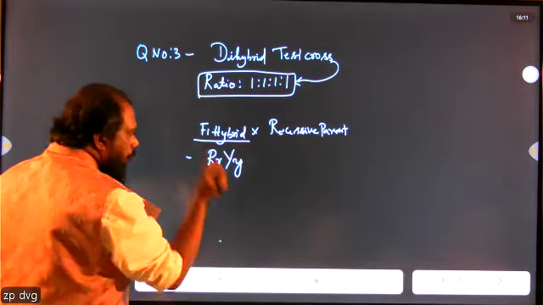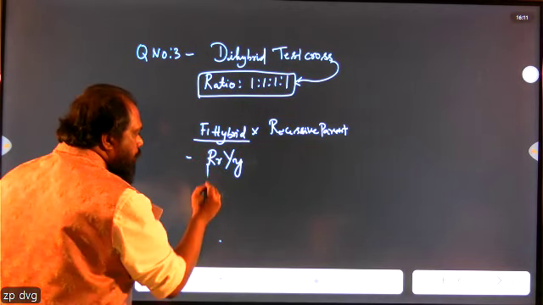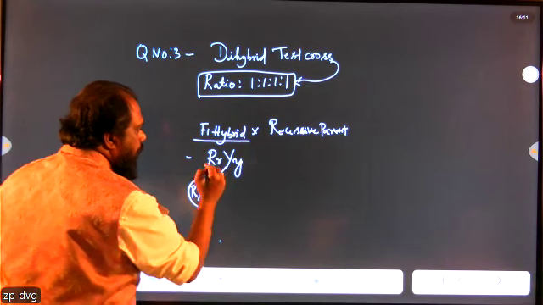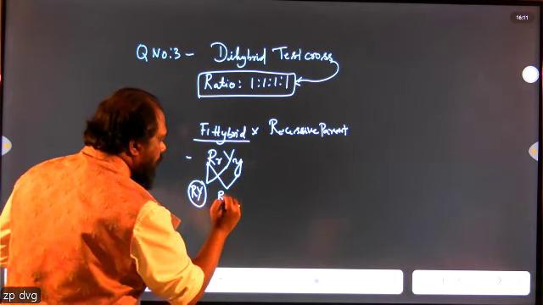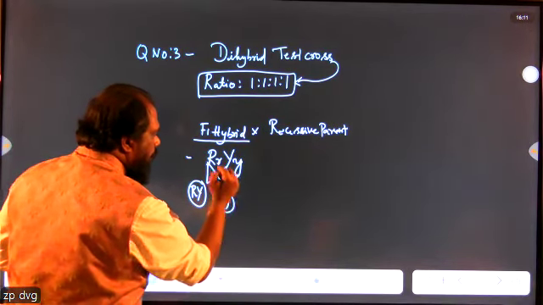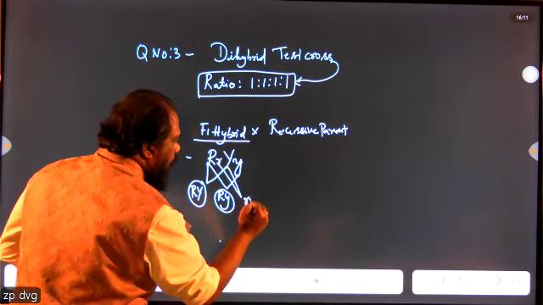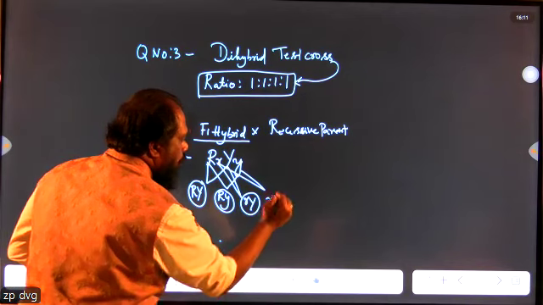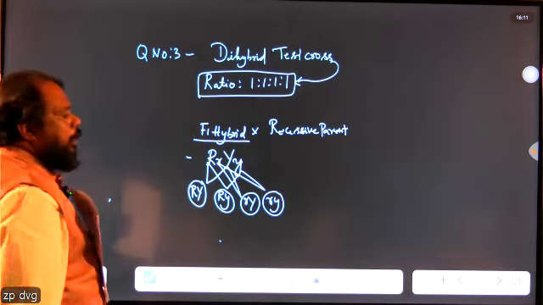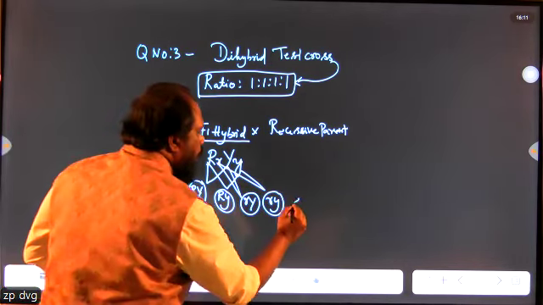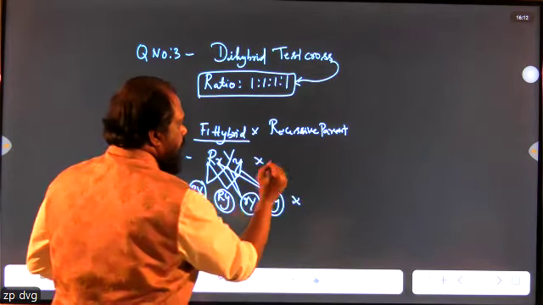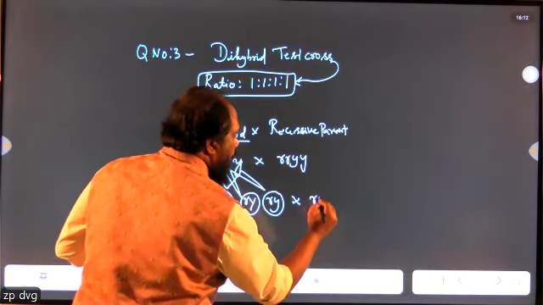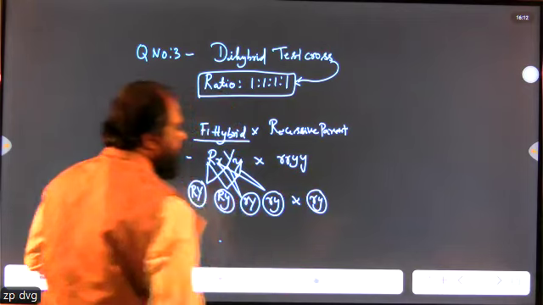How is it possible? It is possible because this produces gametes capital R capital Y, capital R small y, small r capital Y, and small r small y. Now, when you cross with small r small r small y small y, this will produce only one type of gamete.